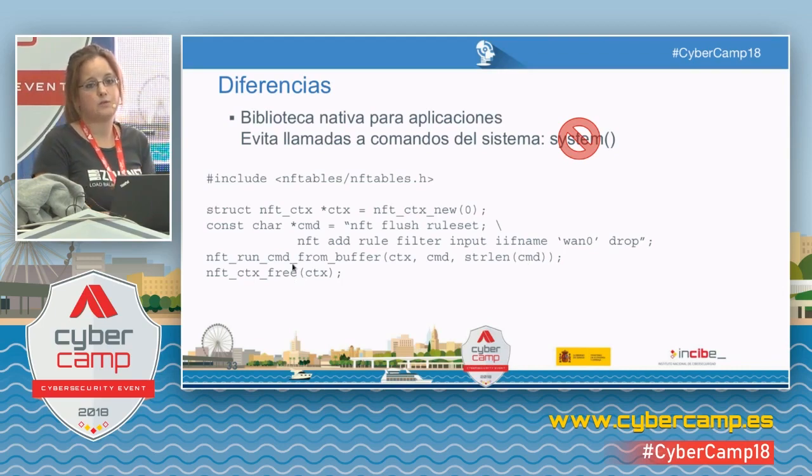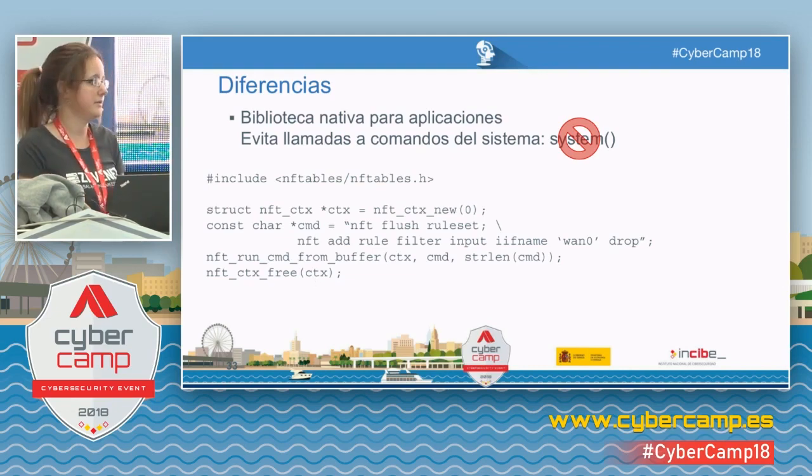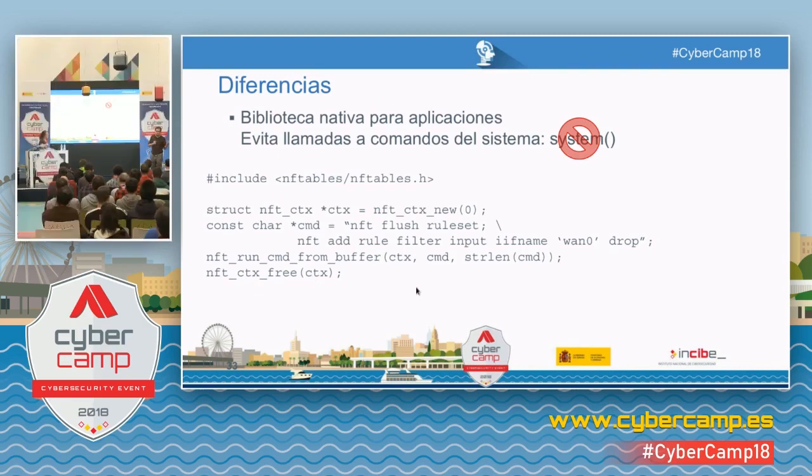And then this would be run or executed going through all the nftables libraries, then kernel security, and we would then get the command. We would then release the context, and our program would then connect with nft to apply rules from the program.